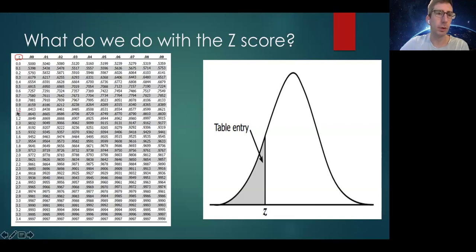Let's say our z-score that we calculated was equal to 1.25. We took our x value, subtracted it from the population mean, divided it by the population standard deviation, and we got 1.25.